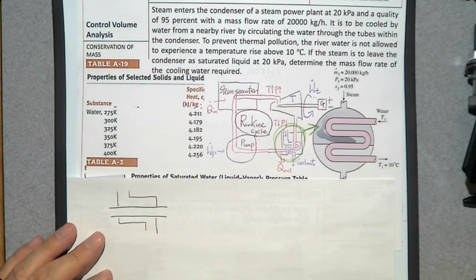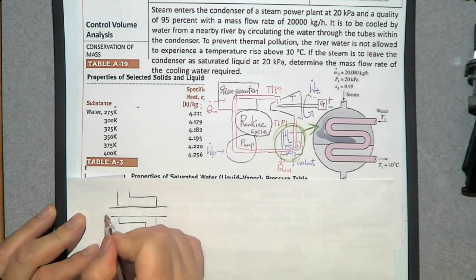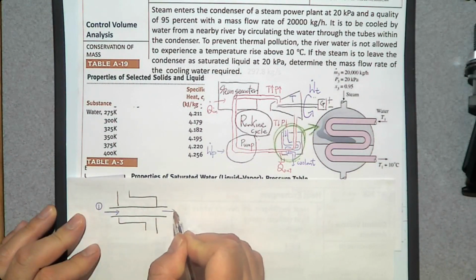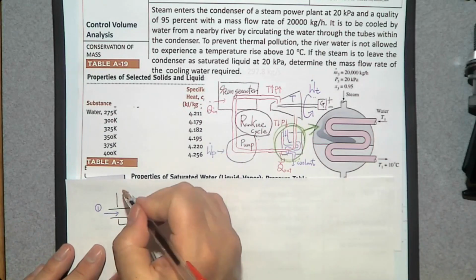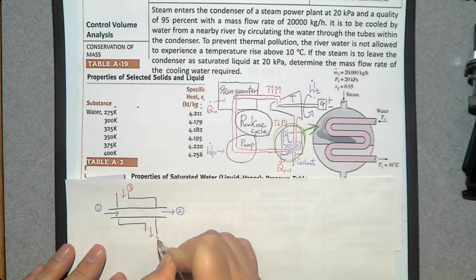We have a coolant entering here. The inlet of the coolant is number 1. The exit of the coolant is number 2. The inlet of the steam is number 3. The exit of the steam is number 4.